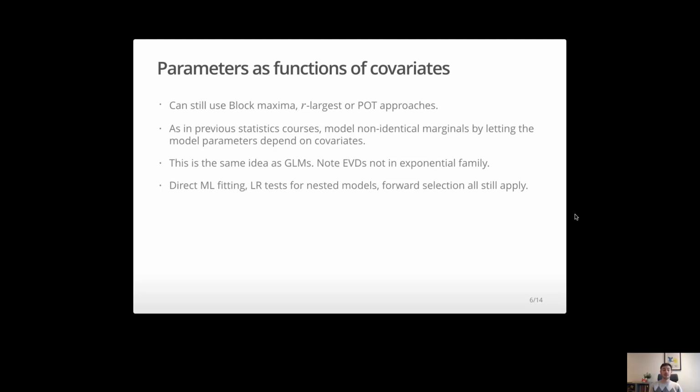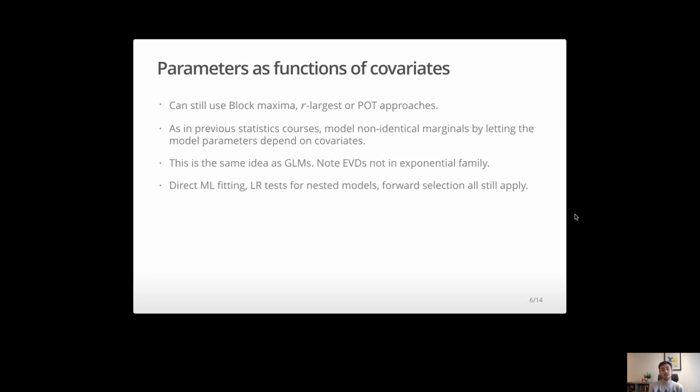This is exactly the same idea as in GLMs, for example, when you have a Poisson random variable and you allow the rate to depend on the length of a roll of cloth, say. One thing to note is that the extreme value distributions that we're using aren't members of the exponential family. And what that means is that we can't use techniques such as iteratively reweighted least squares to fit these models.